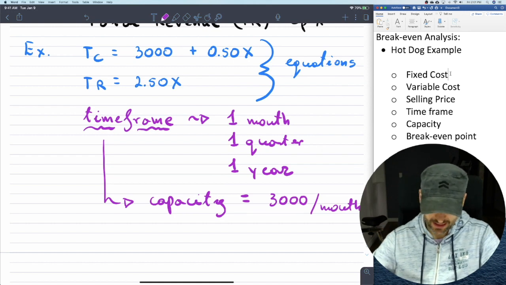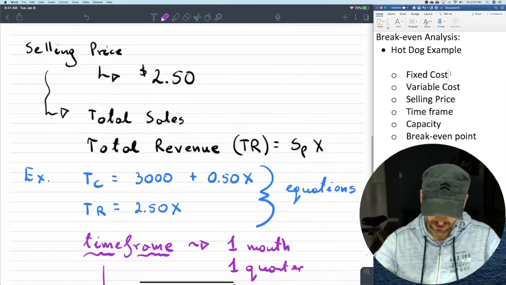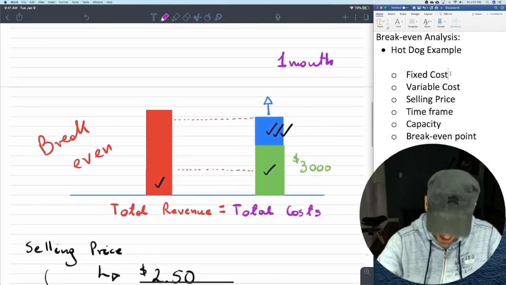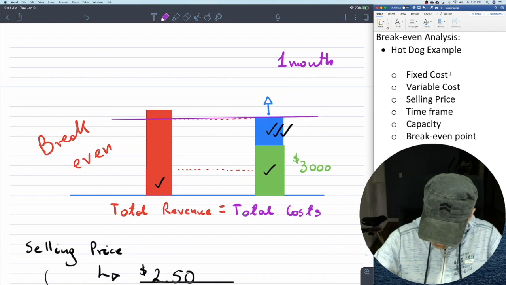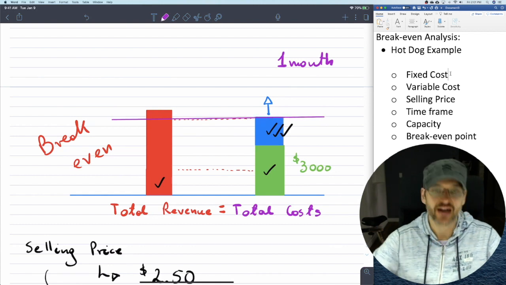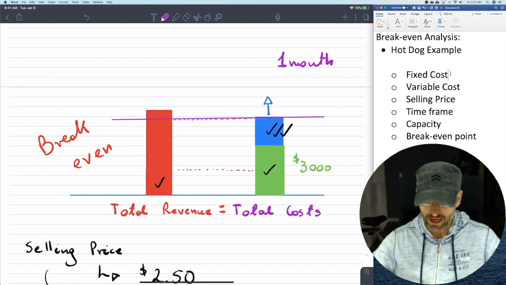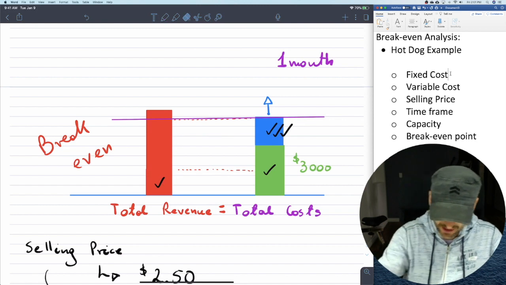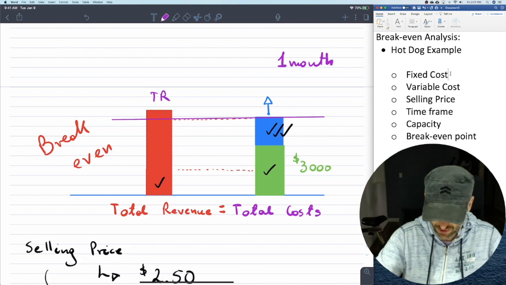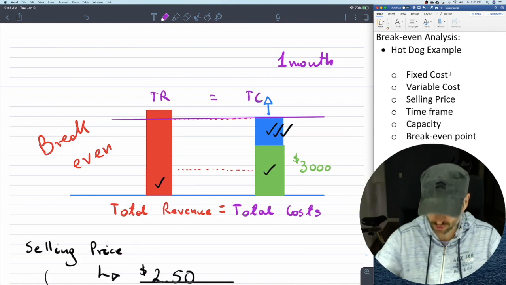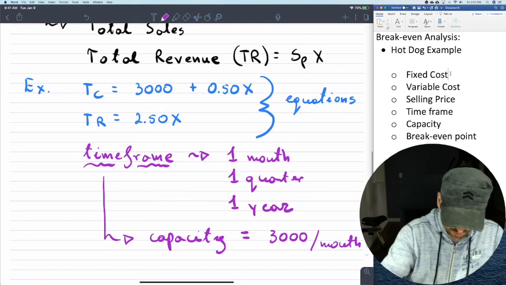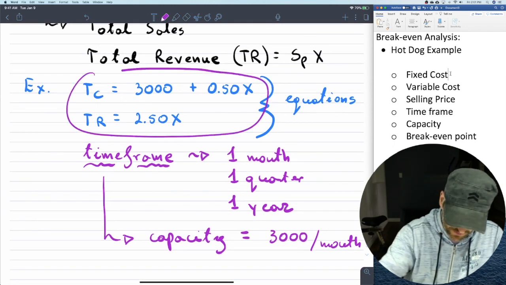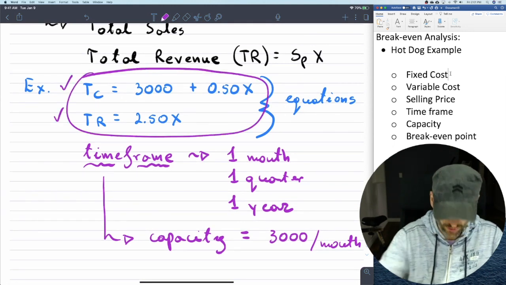All right, so let's calculate this break-even point. I wish to find, for example, this break-even point when these two things balance. Now when do they balance? They balance when your total revenue is going to equal your total costs. But we have this wonderful equation here, total costs and total revenue.